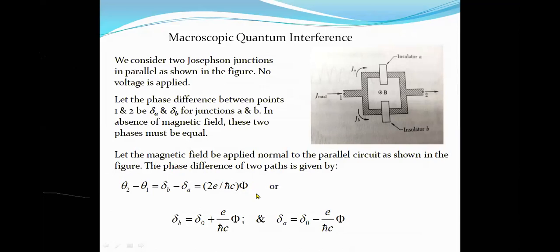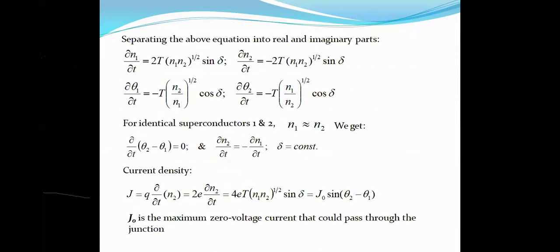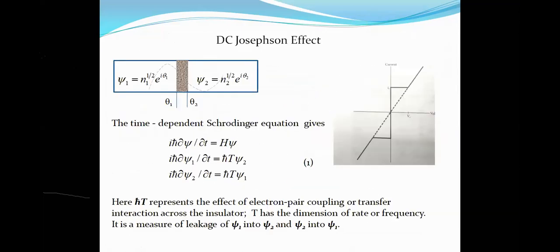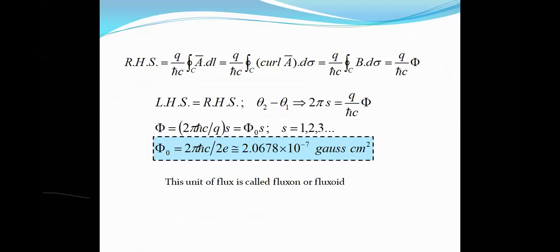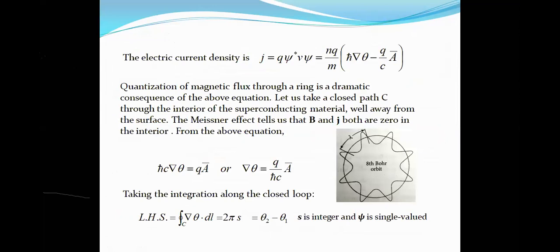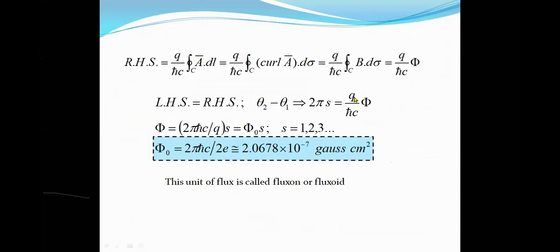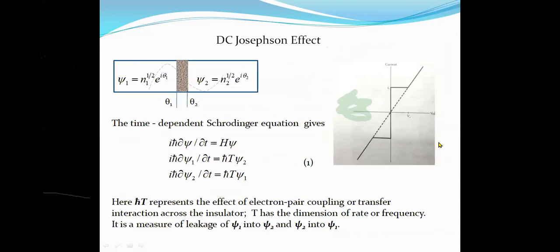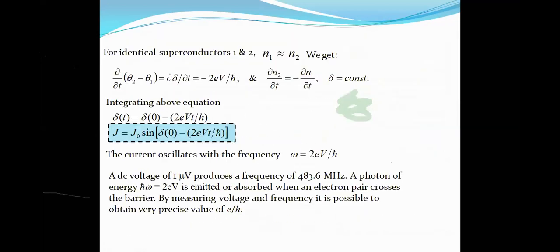You can just go back to the flux quantization and check this equation. So this theta 2 minus theta 1, which comes out to be q upon h cross c into phi. This derivation we have already done previously. So this is what I have used here.